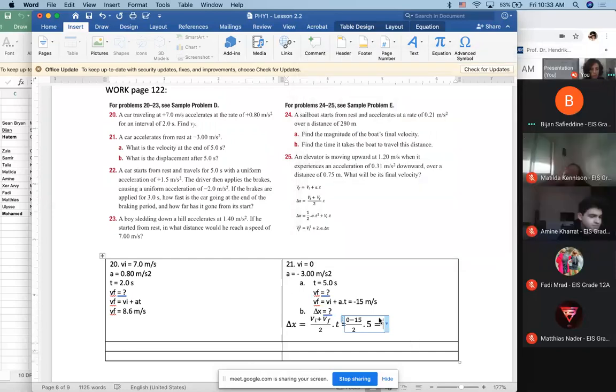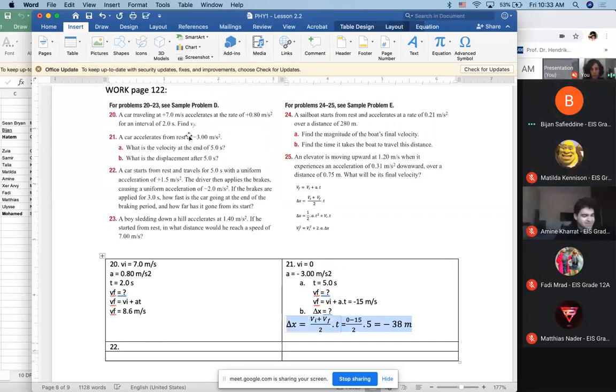So 38 for us, and the unit is meters. Actually, negative 38 meters. Okay, thank you so much. I'm gonna ask Hatem to help me with number 22. Thank you, Bijan. Hatem?